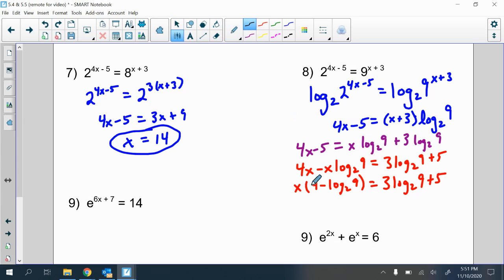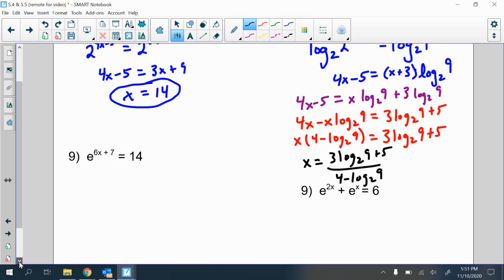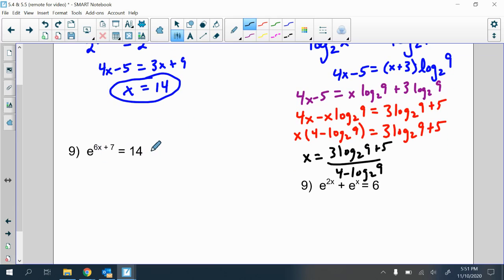My final answer is going to be x equals 3 log base 2 of 9 plus 5 over 4 minus log base 2 of 9. So that's my final answer there. If I chose log base 9 of 2, my answer would look different, but it would be equivalent if I did the same process. Number 9, e to the 6x plus 7 equals 14.